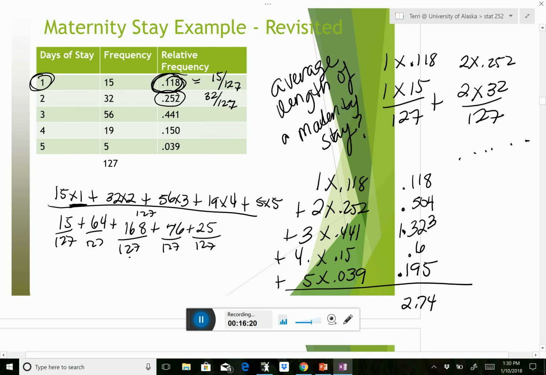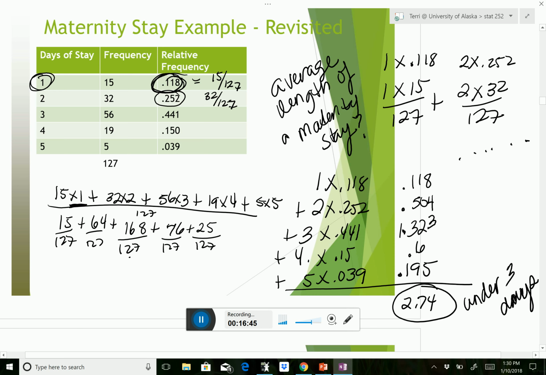So we actually do get the real average. It's a little bit under 3 days because these are weighted differently. Now, this doesn't mean that there's any maternity stay that's 2.74 days, because it's done by the number of calendar days they were in the hospital.